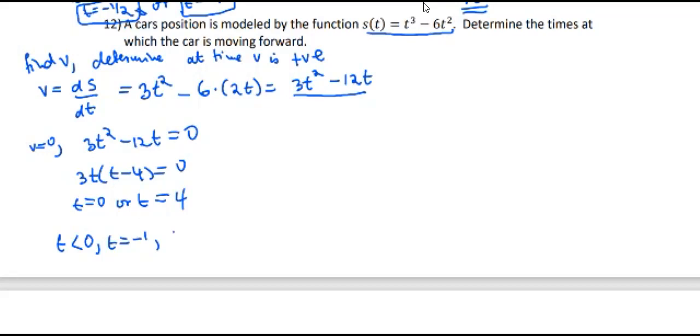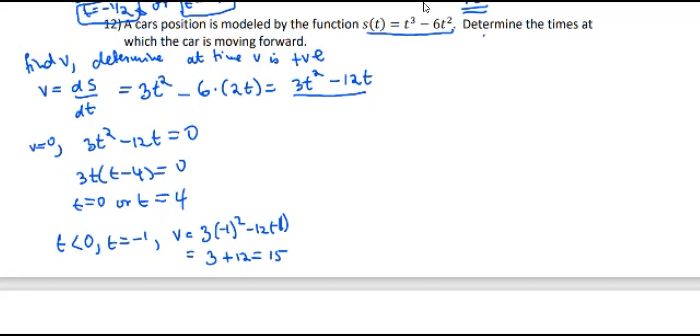Our velocity then, which honestly doesn't make sense, is 3 times (-1) squared minus 12 times (-1), which is equal to 3 plus 12, which is equal to 15. So I guess when this is positive, and then we just have to look between 0 and 4.